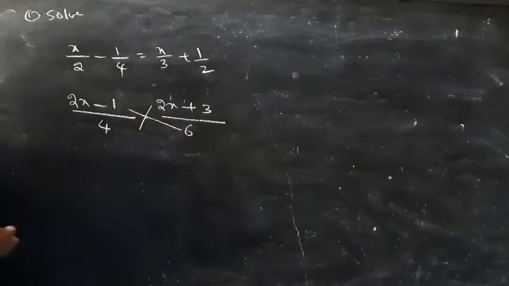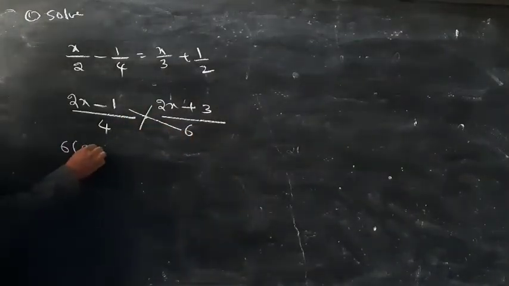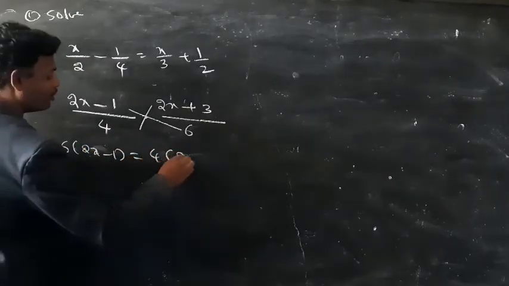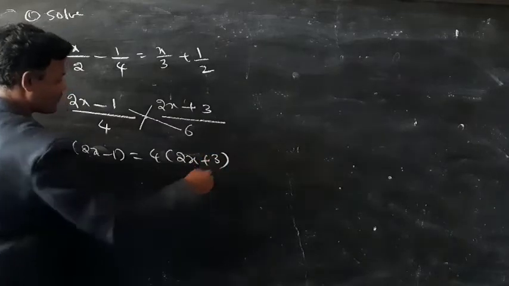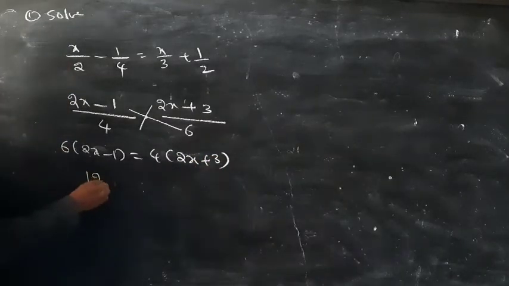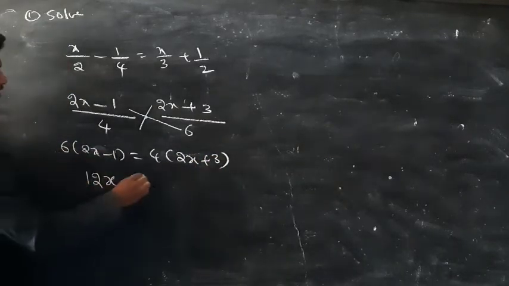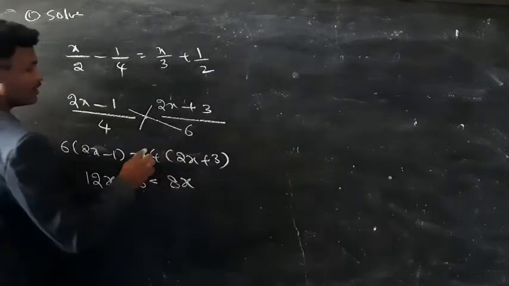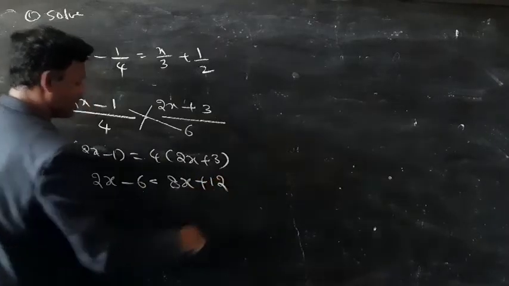Next I am doing cross multiplication. 6 into 2x minus 1 is equal to 4 into 2x plus 3. 6 2s are 12x minus 6 1s are 6 is equal to 4 2s are 8x plus 4 3s are 12.